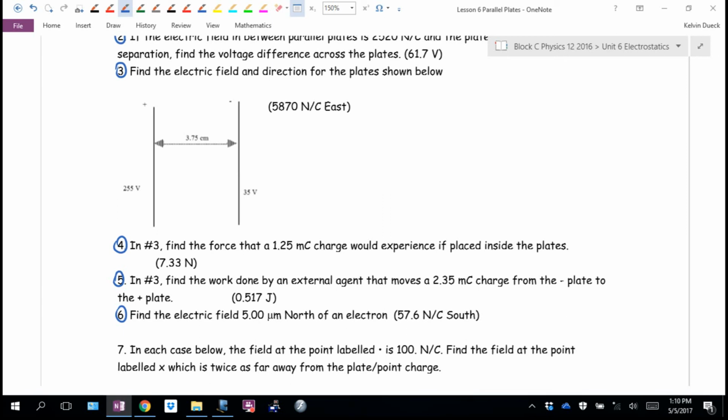Use that other version of force that I gave you. Take the force with the electric field equation in it and combine it with the electric field for plates equation, and you'll get the new equation for force. Okay? Question 5, what are they asking me to find? Work. Don't go K, Q1, Q2 over R. You don't have two charges. I think there's another variation of work that I gave you as well.